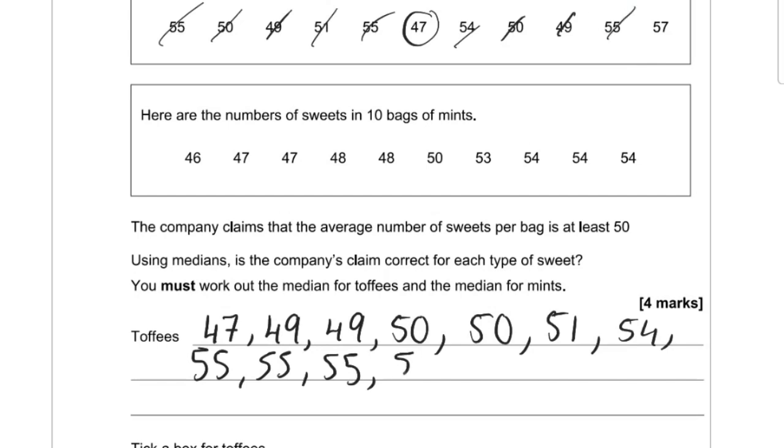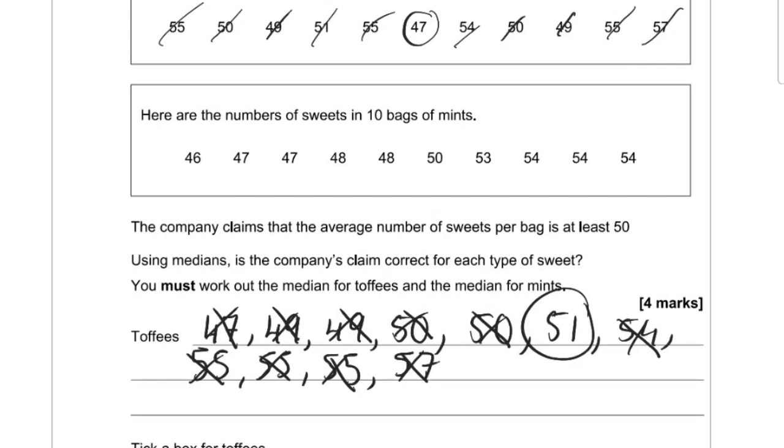And then the highest value is 57. So now to find the middle value, let's cross off one from each side. So this time the middle value is 51. So in that case, yes, the average median is over 50, so at least 50.